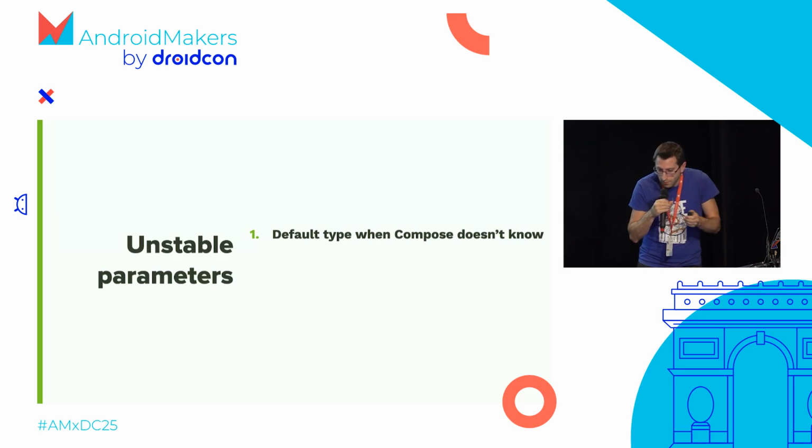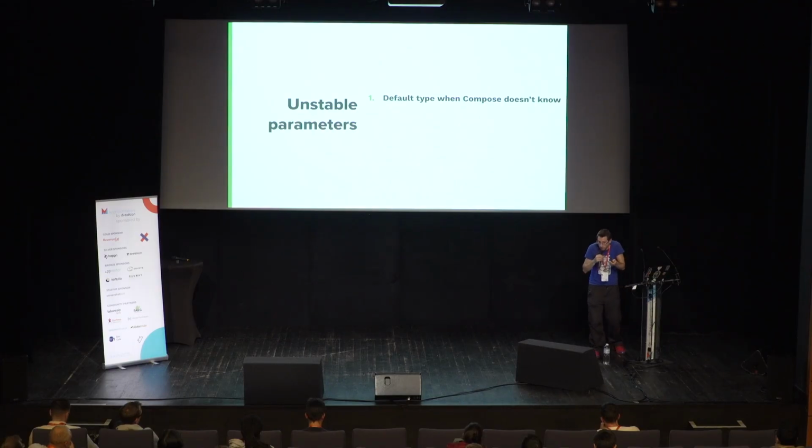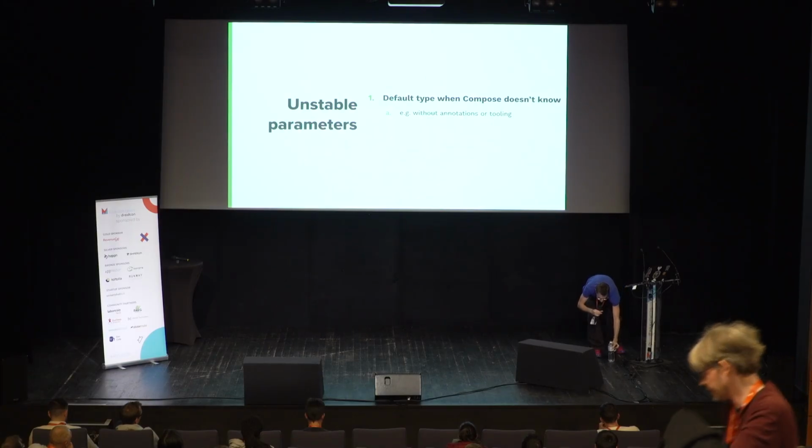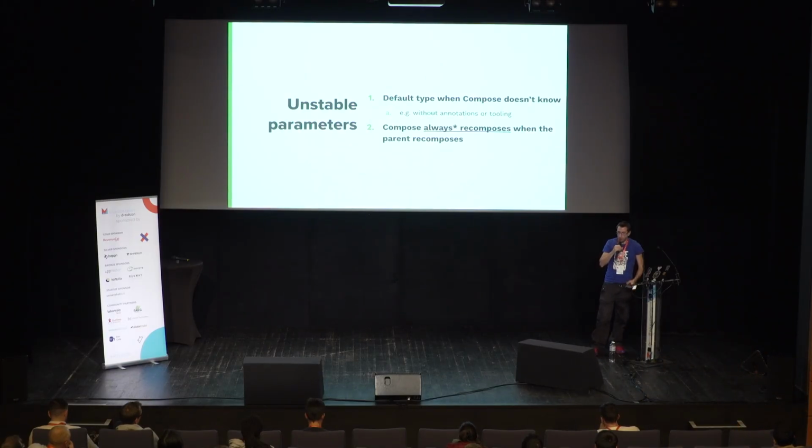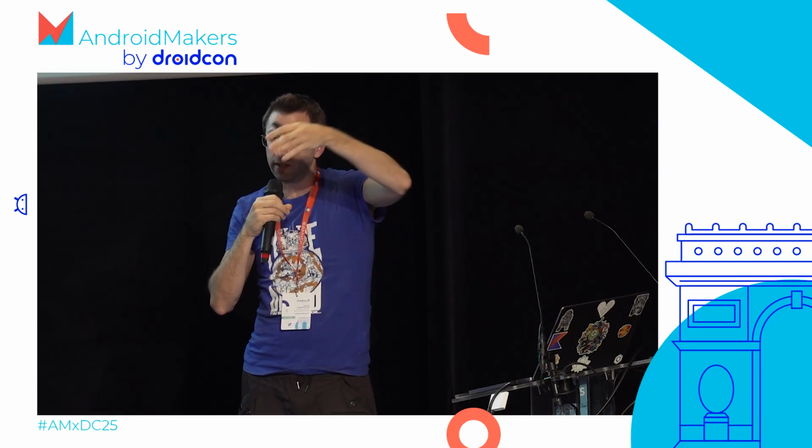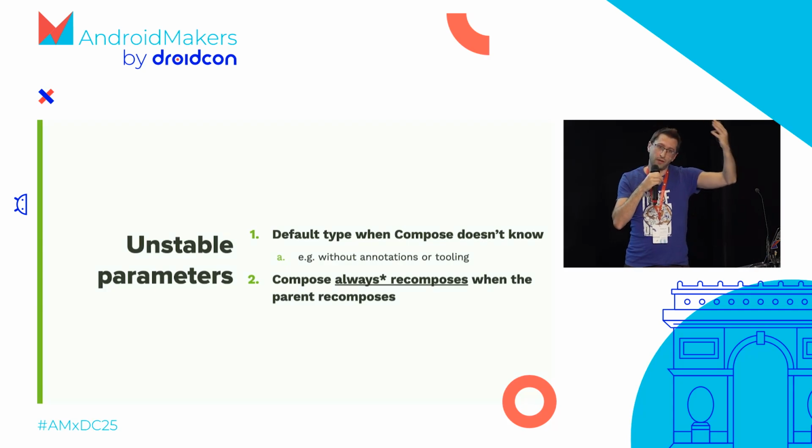This is the default when Compose doesn't know anything about your class, for example, when there are no annotations or tooling. It also means that if you have an unstable parameter in your composable function, it will always recompose when the parent recomposes, either the parent composable or the parent scope.